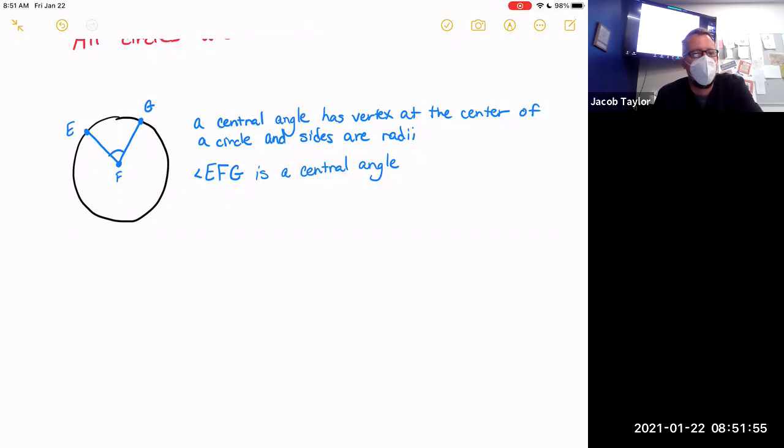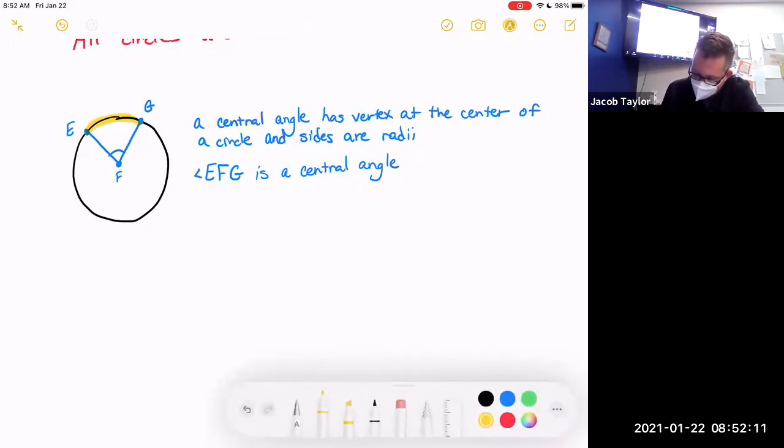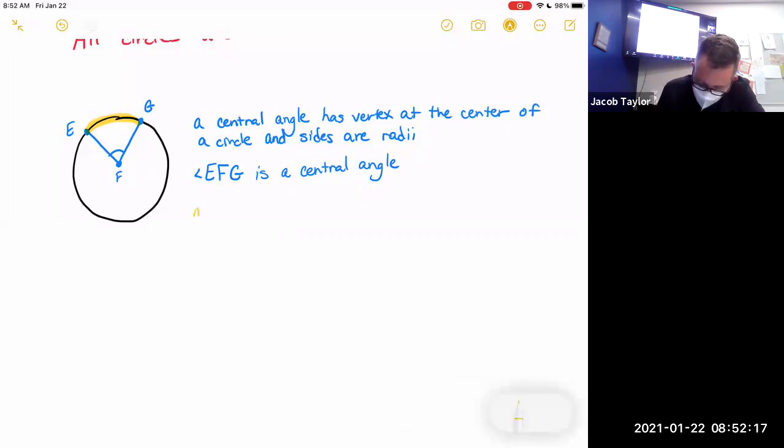Okay, so when we make a central angle like this, the central angle sort of captures a piece of the circle inside of it. This piece right here. It kind of looks like a pie piece. And if this was a pie piece, the crust of the pie is called an arc. An arc of a circle is part of a circle between two endpoints.